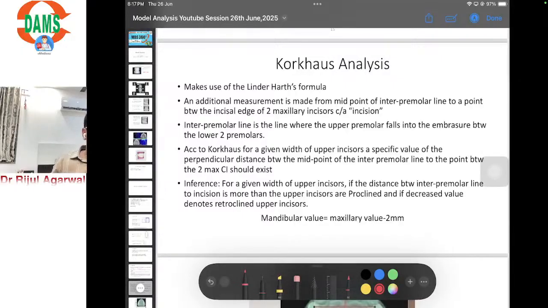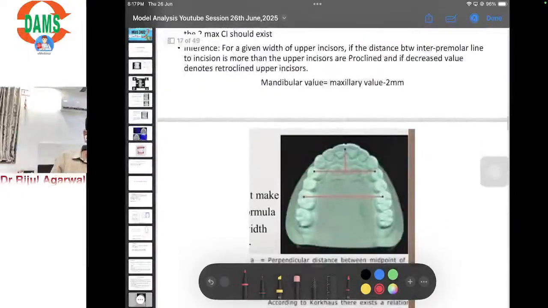So what are the landmarks he took? He took a point that is the incision, located at the incisal edge of the two maxillary incisors. From that incisor edge, a perpendicular is drawn to the interpremolar line and the intermolar line.